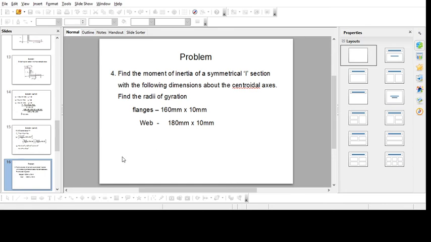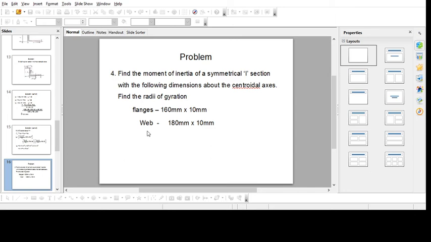What is the distance? The entire length is 160 and this is 10, so the remaining is 150. So the left side space is 75 and the right side space is 75. So 75 plus 10 by 2 means 80. So x2 is also equal to 80.